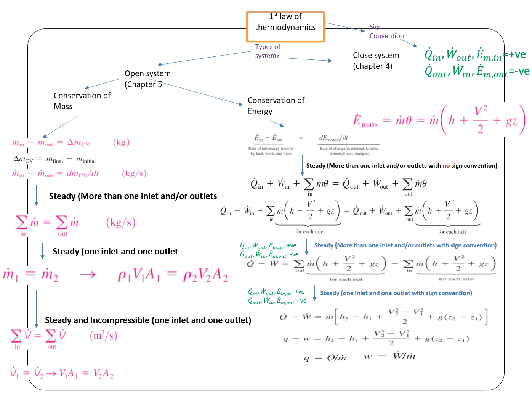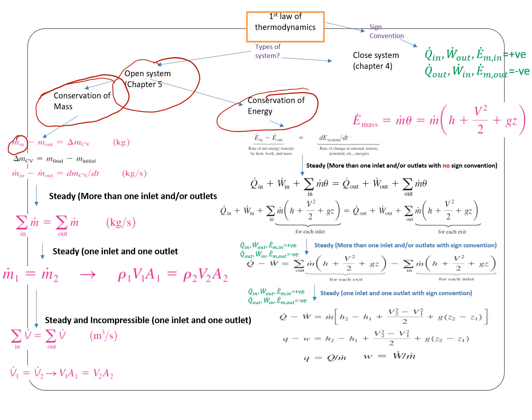Okay, so for the open system, you need to consider the conservation of mass as well, because there is mass inflow and outflow, and also the conservation of energy. The conservation of mass is very similar to energy in, energy out.